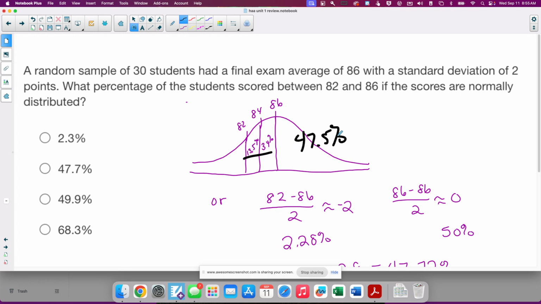You're not going to get two close answers like for multiple choice on your test where you have to figure out which one, 47.5 or 47.7. We're not doing that because both of these are an acceptable way to find this answer. So they're just giving you the one that is more exact by using the table. But again, you can do the empirical rule. 47.5 and 47.7 are right there. And you won't have another one you have to fight it with.